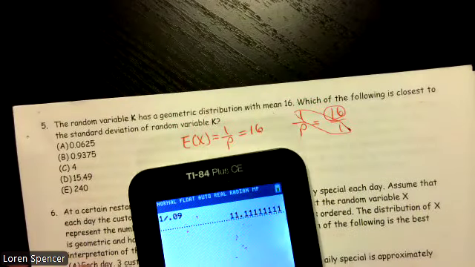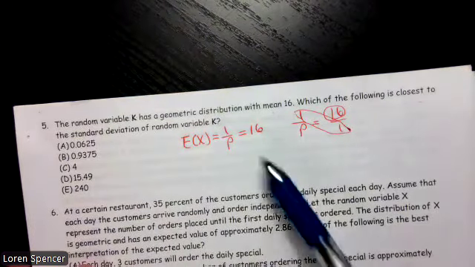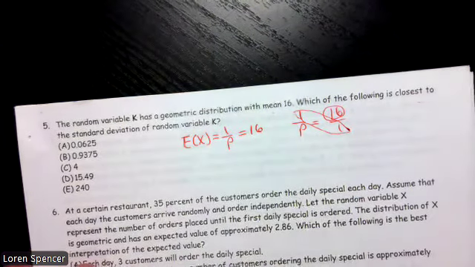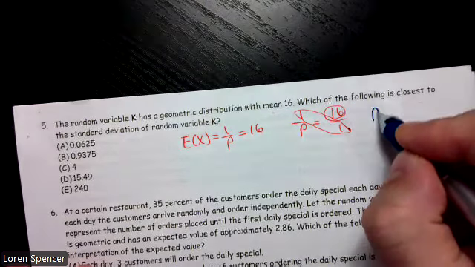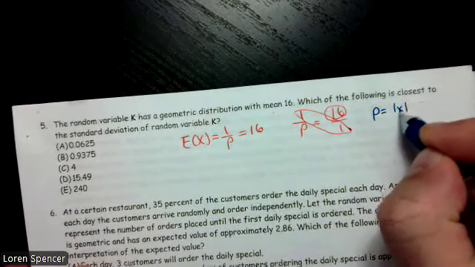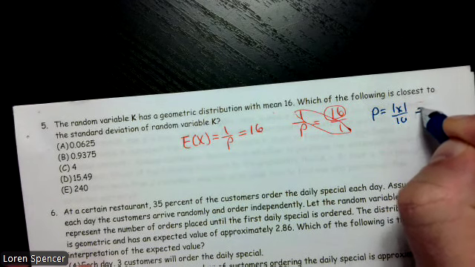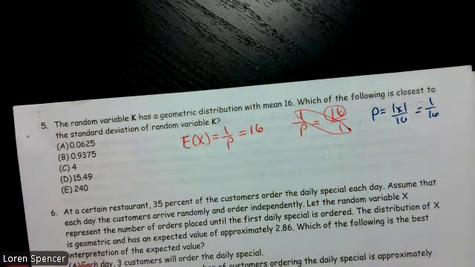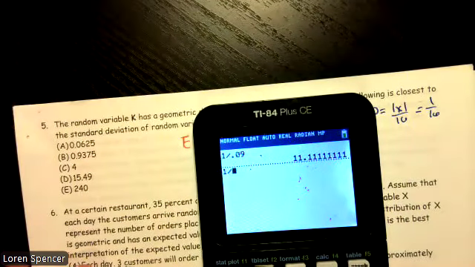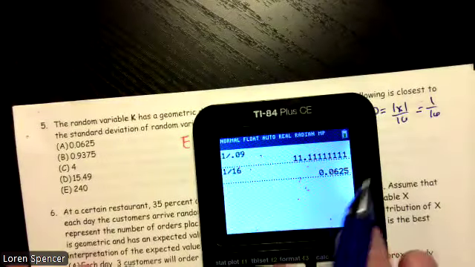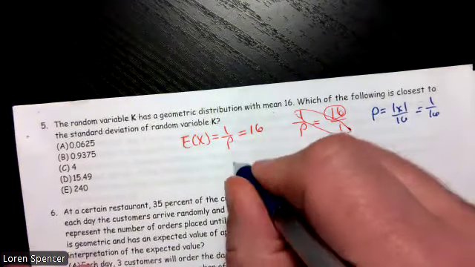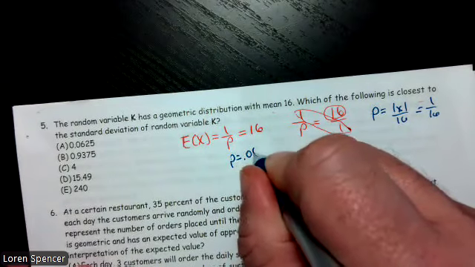1 divided by 16, because basically 1 times 1 divided by 16, that's what we're doing. So p equals 1 over 16. That's my p-value, 0.0625.